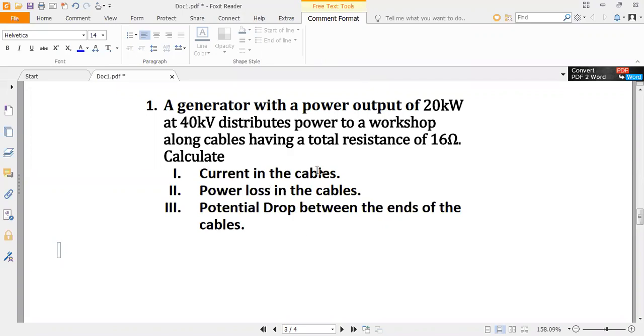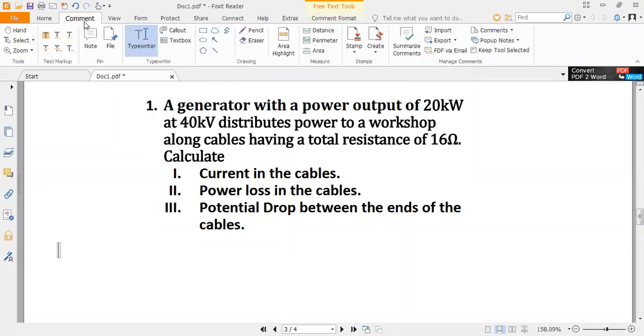Whenever you're given such a question, the first thing that you do is to write down what you're given. First of all, we are given that the power output equals 20 kilowatts. If I call it power output, this is equivalent to 20 kilowatts.